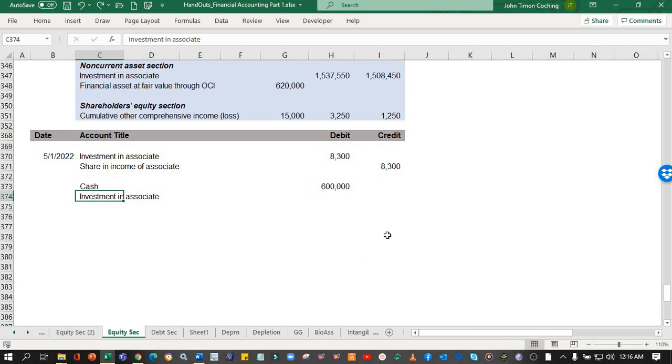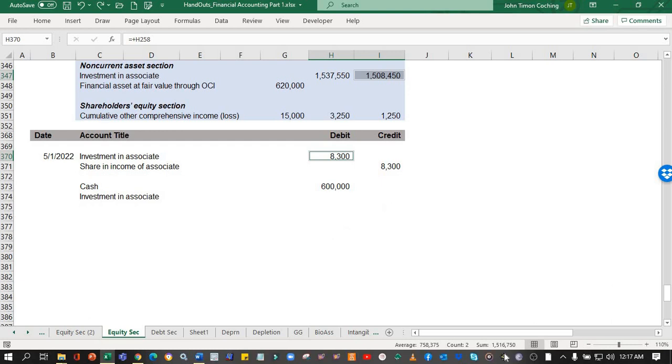So, since nakapag-update tayo ng ating investment in associate as of May 1, 2022, ang investment in associate balance natin as of the date of sale, May 1, 2022 is itong 1,508,450 plus 8,300. So, meron tayo ngayong 1,516,750 pesos. At ito ang carrying value ng ating investment in associate as of the date of sale.